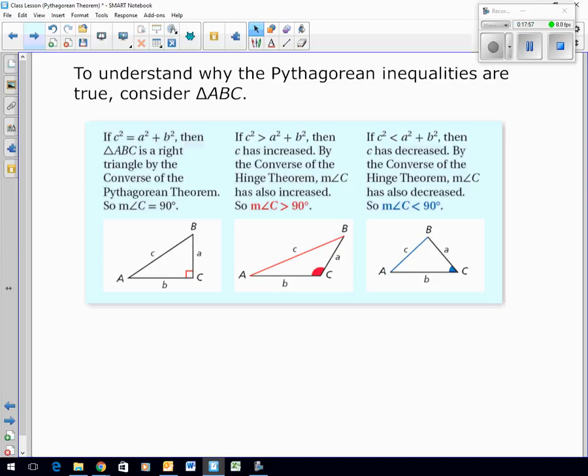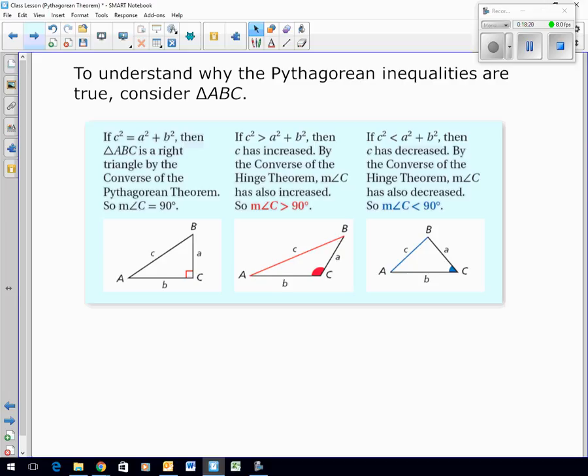Hey, check it out. This is the summary of what I've just been saying. If c squared equals a squared plus b squared, aka if hypotenuse squared equals leg squared plus leg squared, then my triangle is a right triangle, which means the Pythagorean theorem must be true.